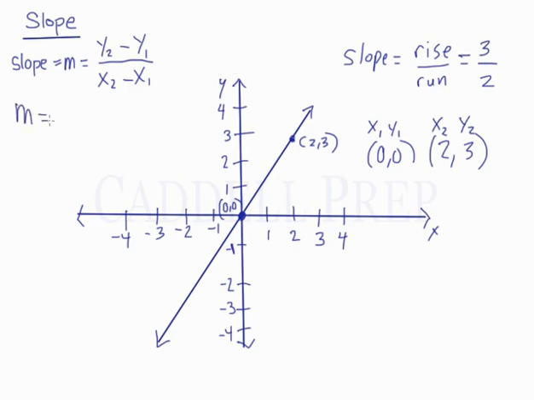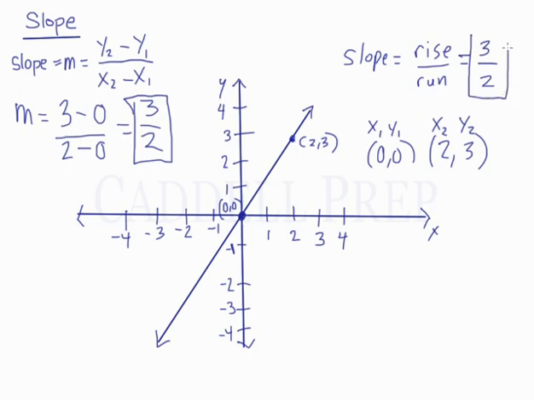So we have m equals y2, which is 3, minus y1, which is 0, over x2, which is 2, minus x1, which is 0. 3 minus 0 is 3, and 2 minus 0 is 2. So again, we get the same answer. One from using the formula, and the other way was to look at the graph.